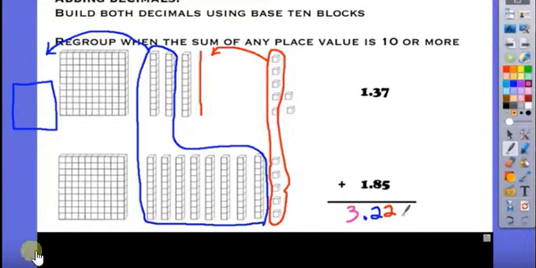So you may pause this video and find a friend, or more than one friend, or a group of people to discuss how actually you can add 1.37 with 1.85 by using the actual base 10 blocks.